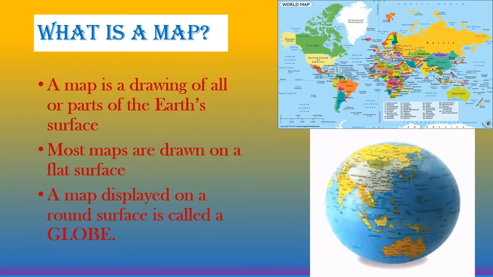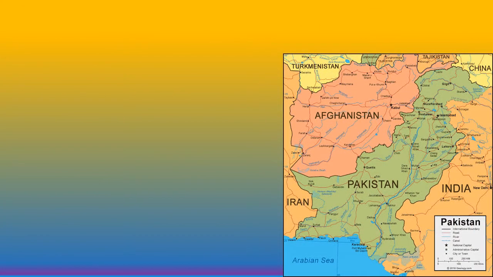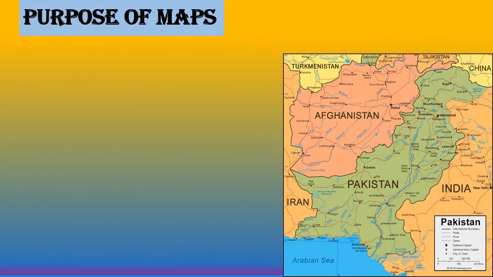So, what is a map? A map is a drawing of all or parts of the Earth's surface. So kids, what is the purpose of maps? Why do we use maps? As I have mentioned earlier, maps represent the real world on a much smaller scale.